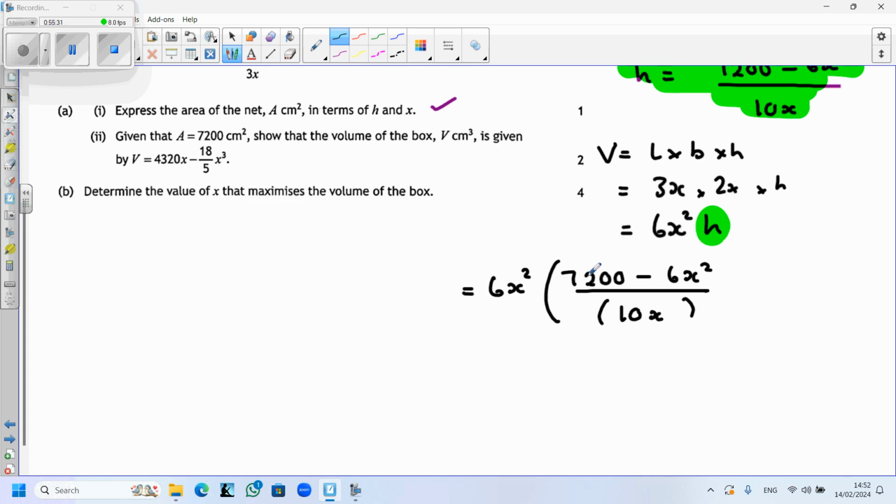So I'm doing 6 times 7,200, x squared divided by 10x, and when I divide all of that out, I get 4,320 times x. I'm now going to do 6x squared multiplied by 6x squared divided by 10, and when I do that I get minus 18x cubed over 5, and that's hopefully the same as what we were asked to prove it equal to, and that's it. Next part, part B.